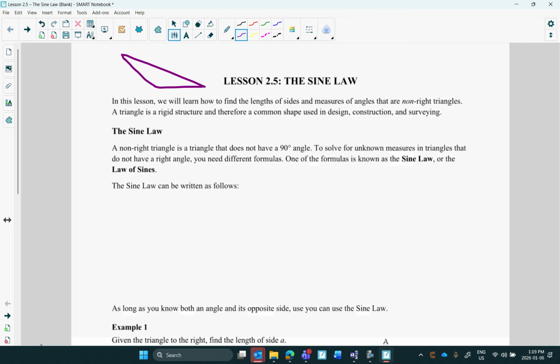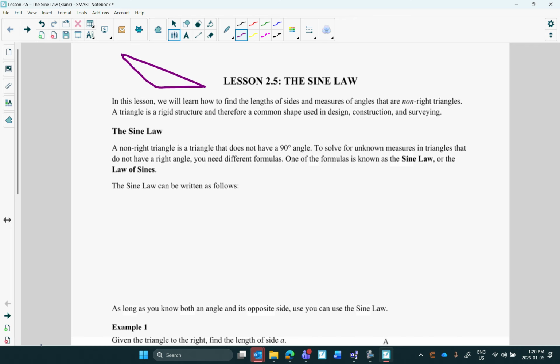However, there are a couple of formulas based on trigonometry that we can use to find missing sides or angles in non-right triangles. Okay? And the formula that you use depends on the information you're given and what you're trying to find.